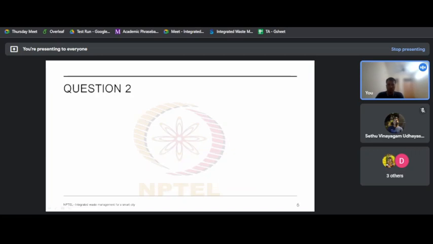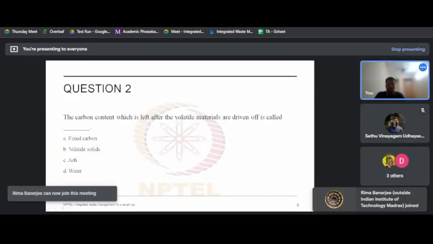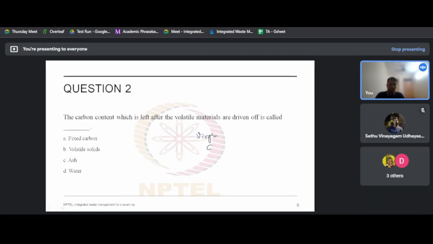So question 2. The carbon content which is left after the volatile materials are driven off is called: fixed carbon, volatile solids, ash, and we have water. So we will have what is called virgin carbon in the waste.